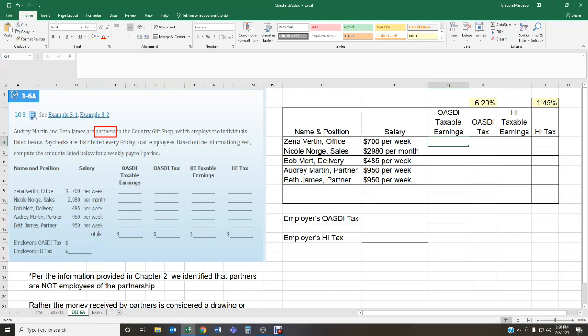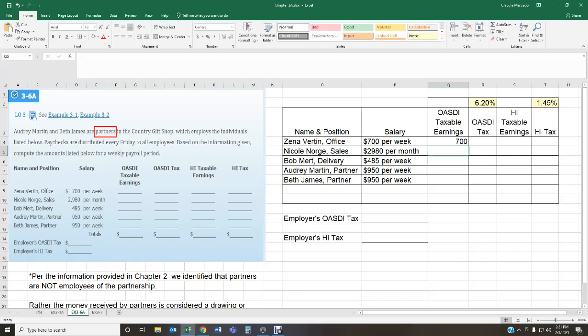So in this case, that information does not apply because I don't know how much this employee has made year to date. I need their year-to-date information to be able to say, okay, they're getting close to the cap, or they're not going to even get halfway there. So what are we going to do? Well, your OASDI taxable earnings is going to be your salary.